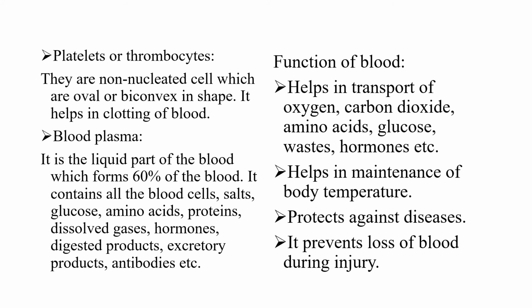Because of that, the name of the disease is royal disease, because it was found in Queen Elizabeth's royal family. If it occurs, then it may lead to even death. So platelets or thrombocytes are very essential for clotting of blood.